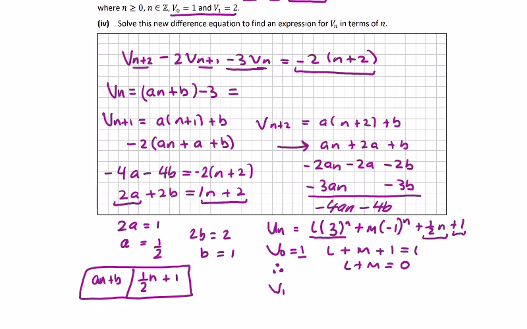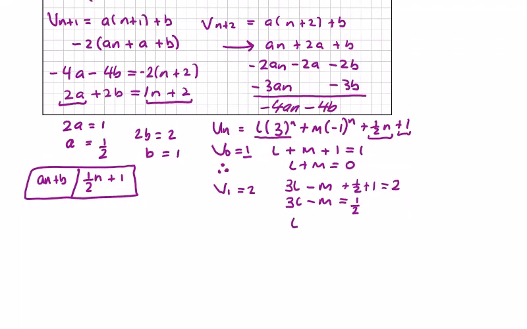And then for v1, we're going to get 3L minus m. And then n is 1, so plus a half plus 1 equals 2. So we get 3L minus m equals 2 minus 1.5. So that's just a half.